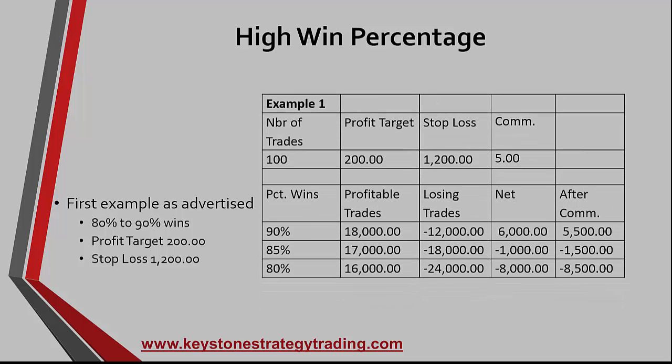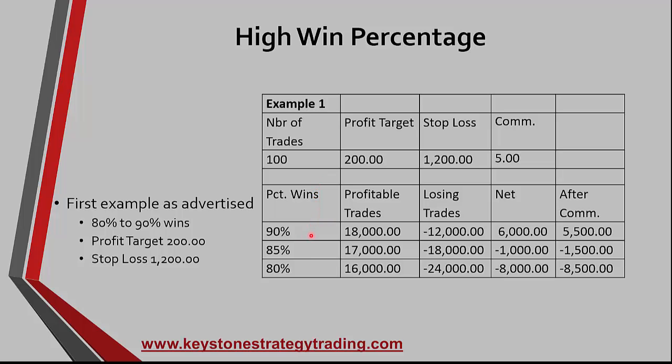So we're going to go through this calculation. We know that we have a profit target of $200, the stop loss is $1,200, and our commissions are $5. And let's just say that we traded this strategy 100 times. And let's go through a simple calculation and see what we get.